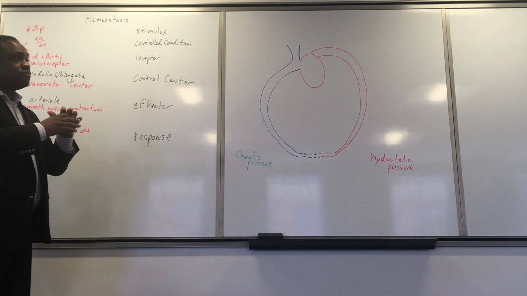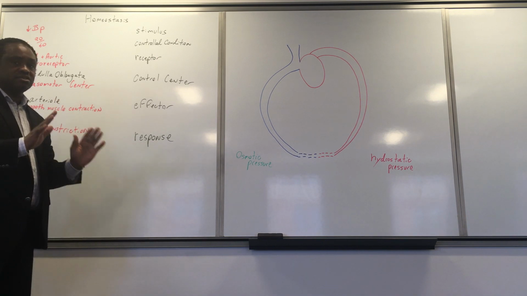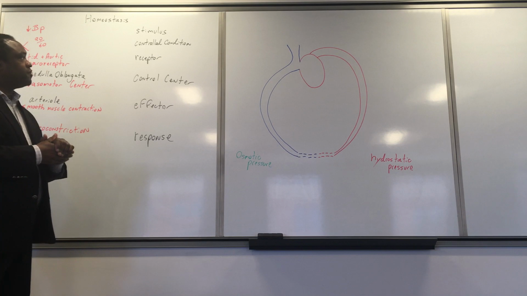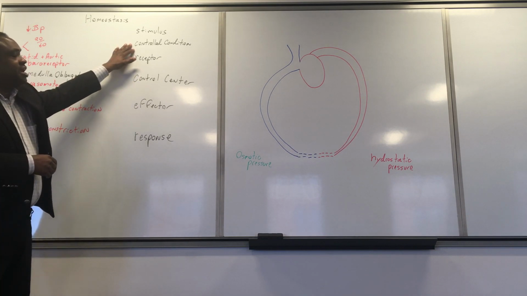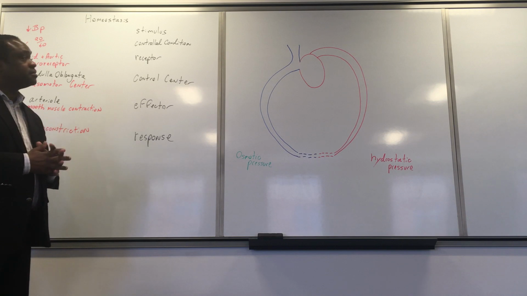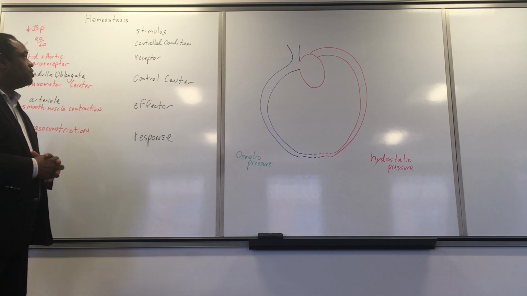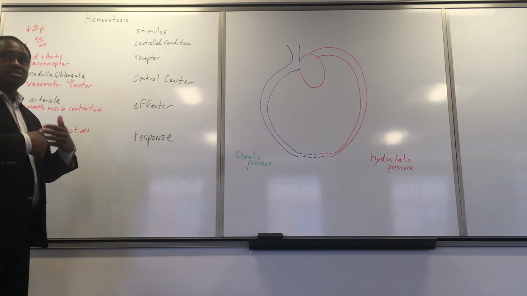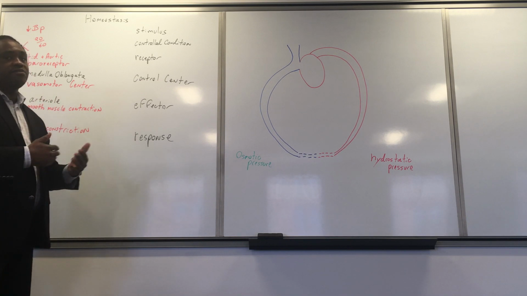So the internal environment is fine when that's the case. But if those variables are changed, that changes the control condition of that internal environment, our extracellular fluid. Therefore, because that's a change, that's going to mess things up as it relates to how we function.